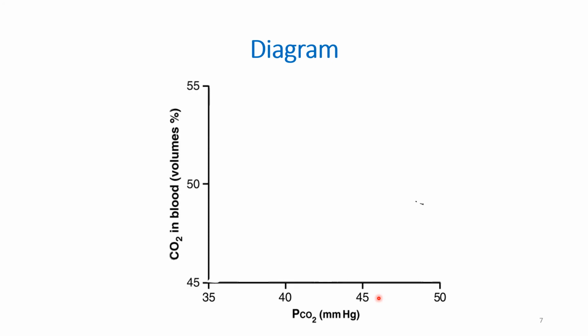Whenever this question is asked, be it the carbon dioxide dissociation curve or just the Haldane effect, it is ideal that you draw this curve. So how are you going to draw it? You first draw a horizontal line showing the partial pressure of carbon dioxide. We know that the normal range is between 40 and 45. Then on the y-axis you draw the carbon dioxide content in the blood, and first draw a curved line at a PO2 of 40, such that 45 corresponds to 52 and 40 corresponds to 50.